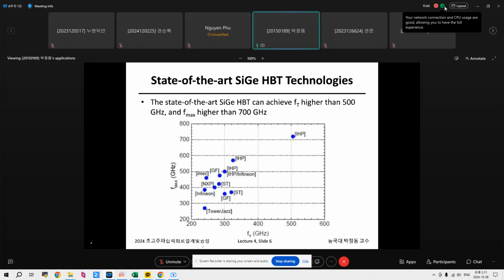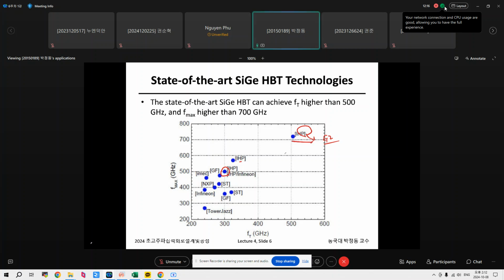Okay, let's take a look at the state of the art silicon germanium HBT performance. This is IHP, the 130 nanometer G2, and this is the new one.